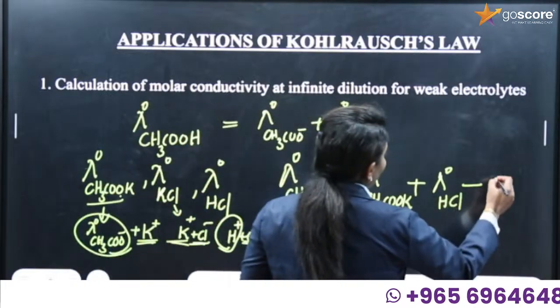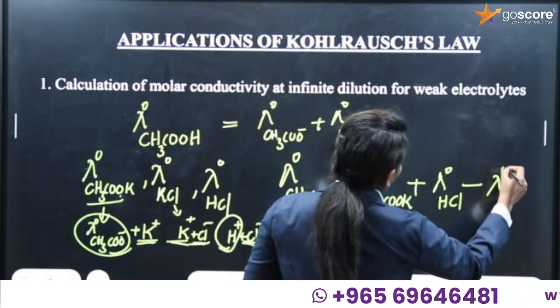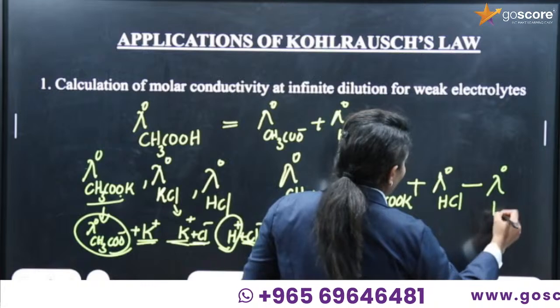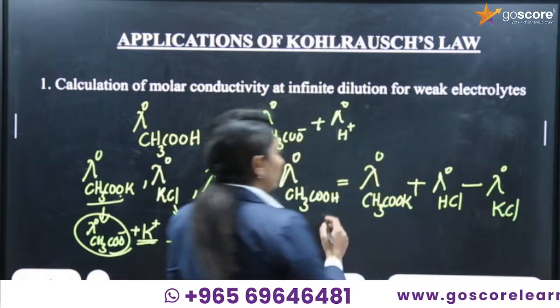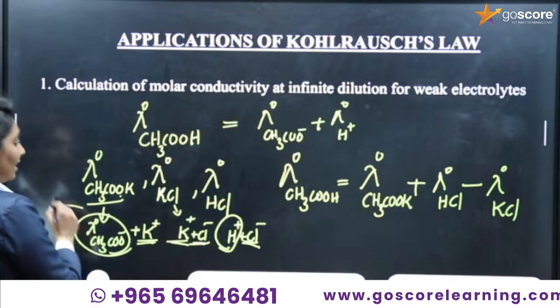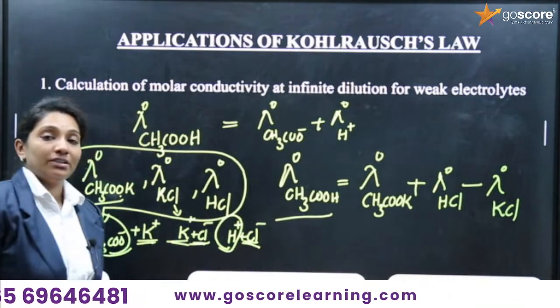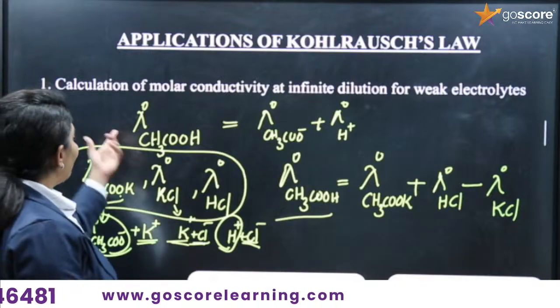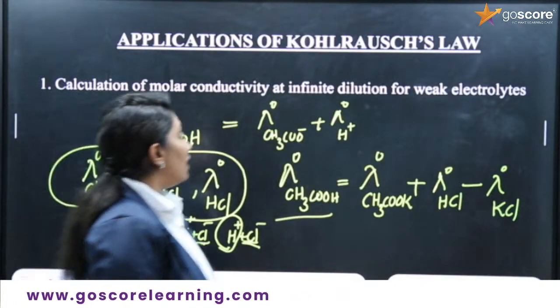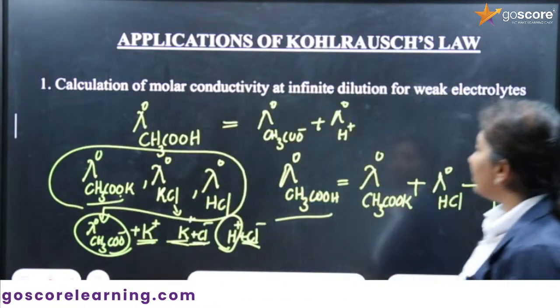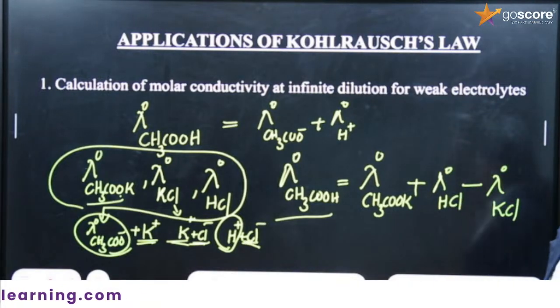That will be equal to the limiting molar conductivity of KCl. So if you know the values of these three electrolytes, you can find out that of acetic acid. That's the first application, calculation of the molar conductivity at infinite dilution for weak electrolytes.